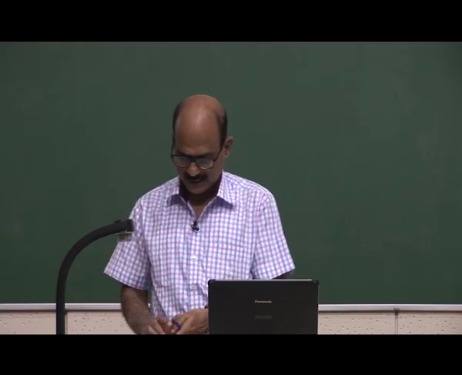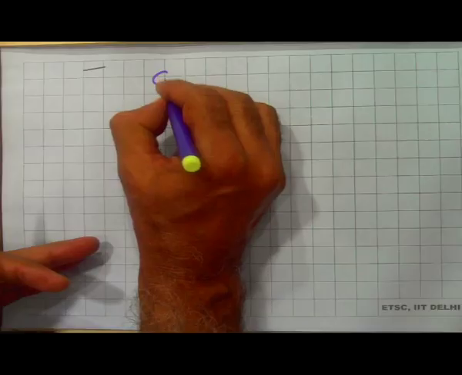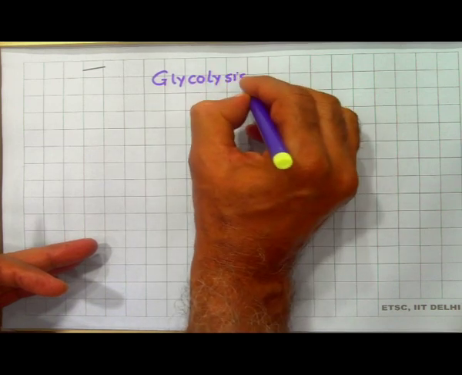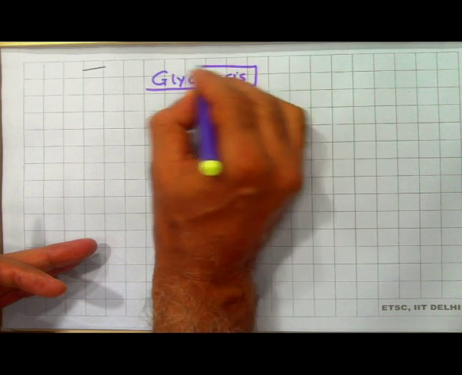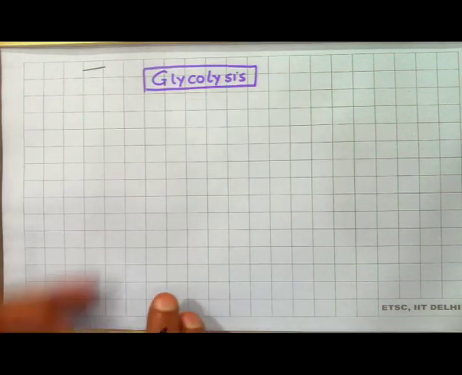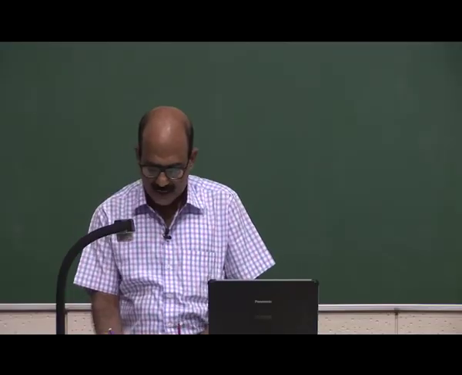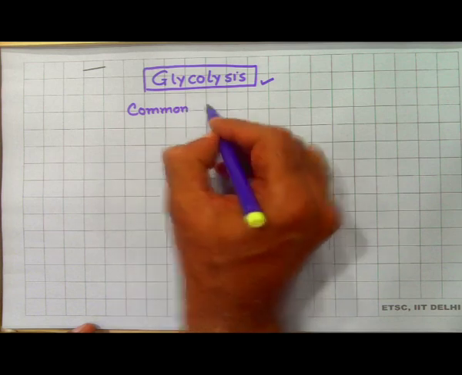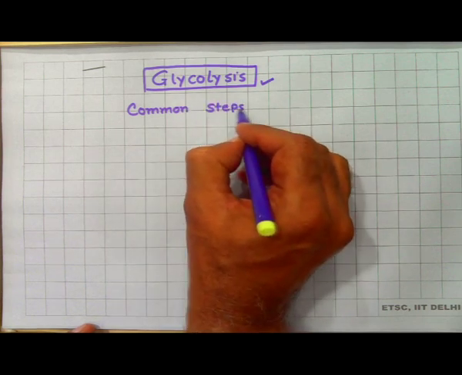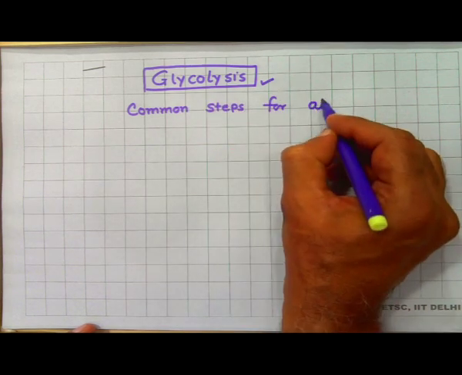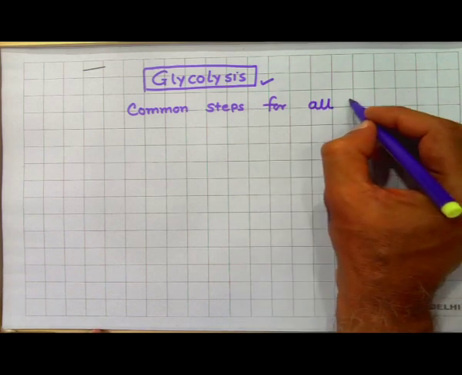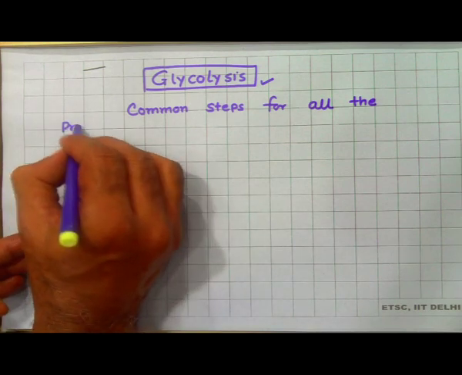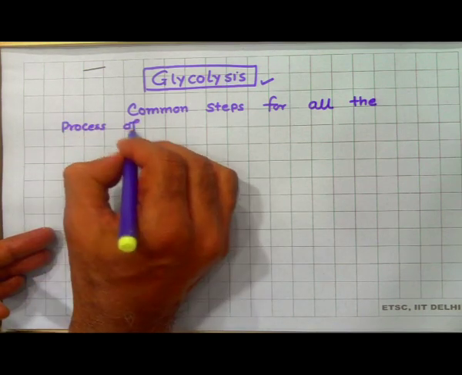Now, come to glycolysis. As we have already discussed, glycolysis is the common pathway, common steps for all the processes of respiration.